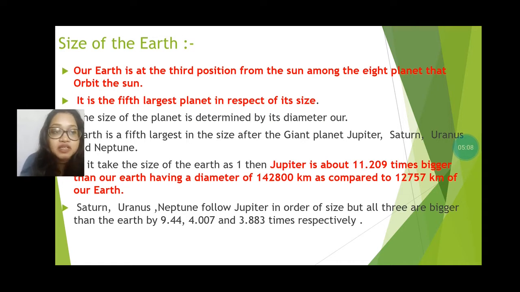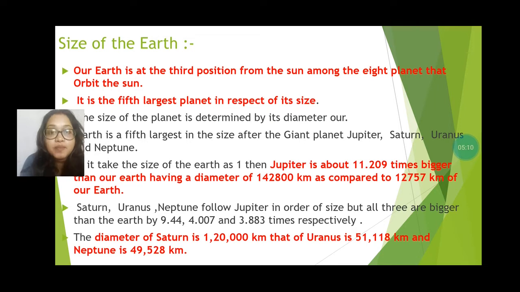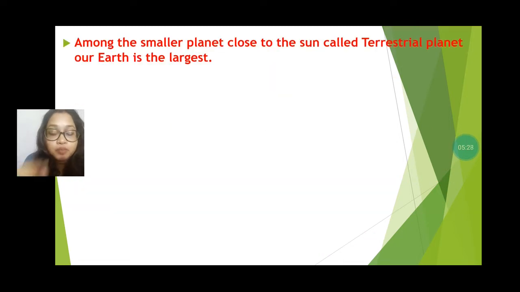The diameter of Saturn is 1,20,000 kilometer, that of Uranus is 51,118 kilometer, and Neptune is 49,528 kilometer.